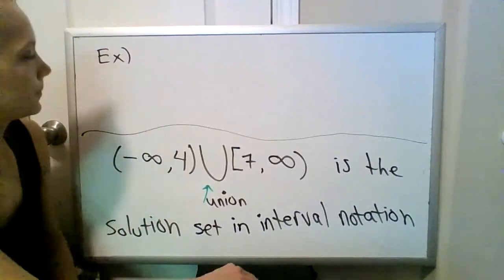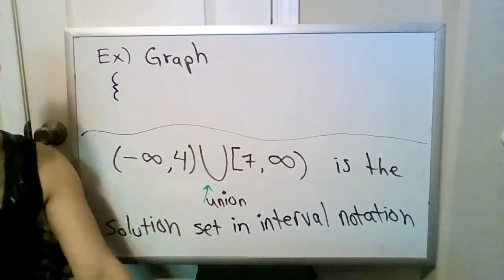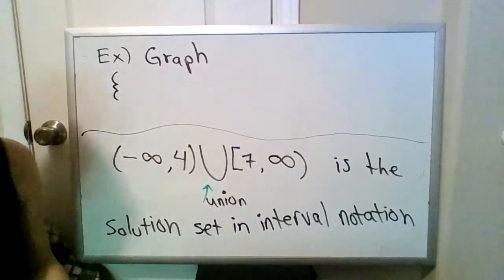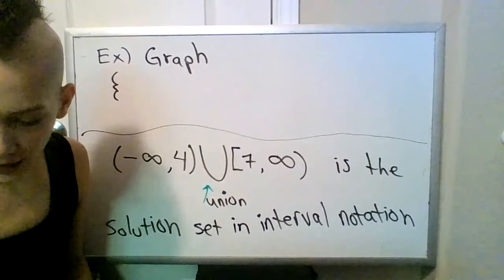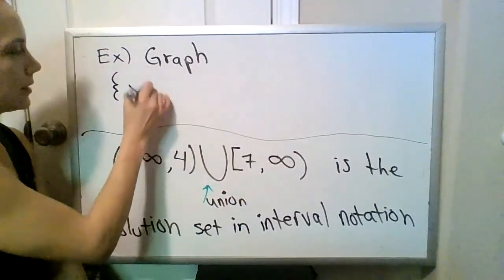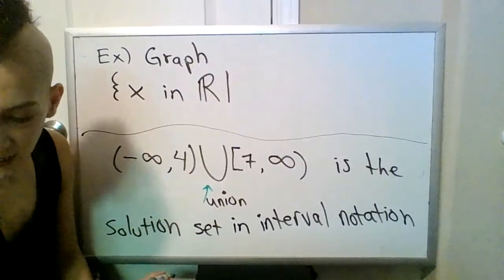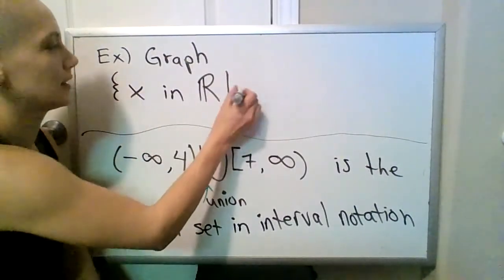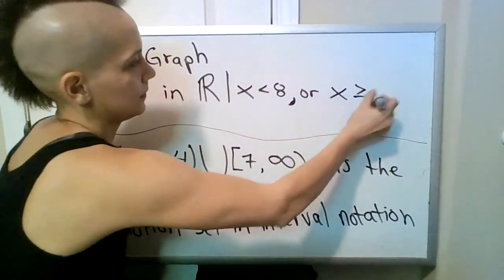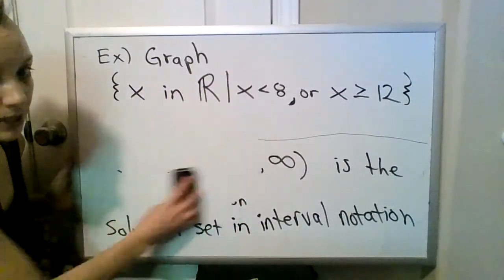Going to graph the set that is all x in R, the real numbers, such that x is less than 8 or x is greater than or equal to 12, and write the set in interval notation.